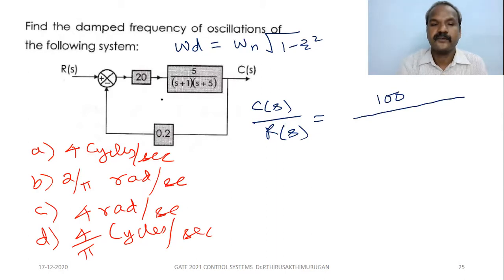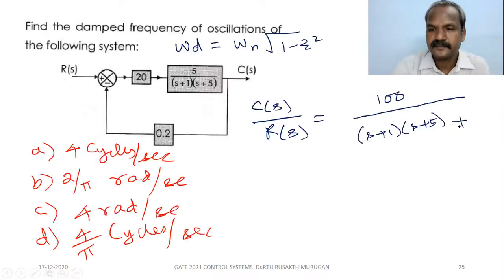So 0.2 into 100 is 20, right? So we will simply get the transfer function as S plus 1, S plus 5, you try to write like this, into 20. Then simplify the denominator.